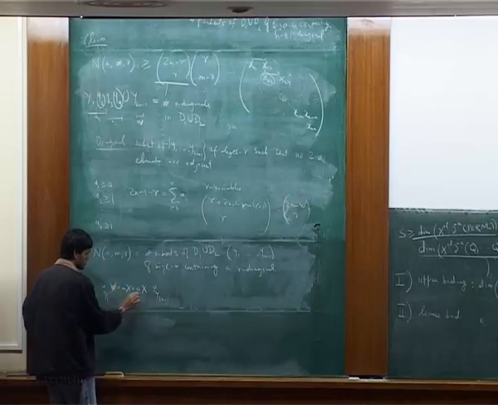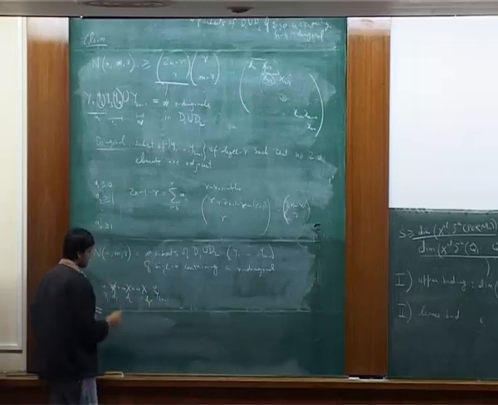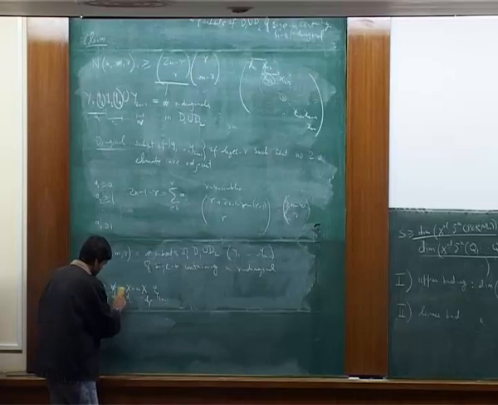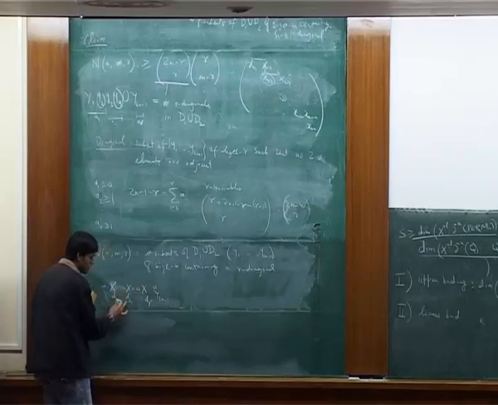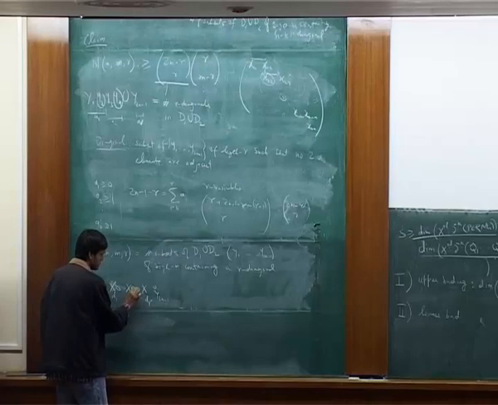The crosses denote the diagonal. Let's say it's d1, d2 up to dr. Note that these two are not adjacent, so there will be at least one element just on the right of d1. Call it the right neighbor of d1. Then there is d2, and let this be the right neighbor of d2, and so on.